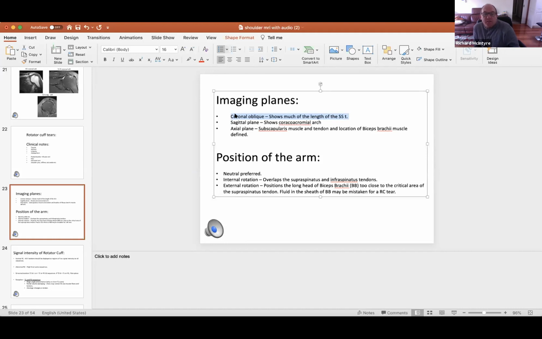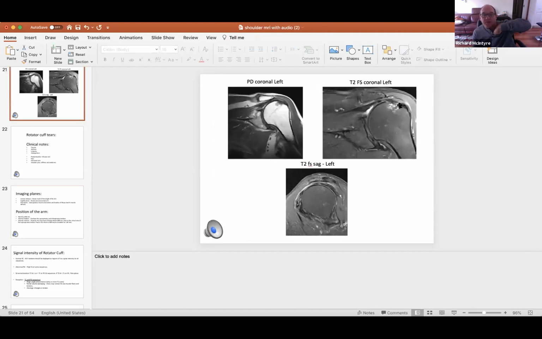Axial plane shows the subscapularis muscle and tendon and the location of the biceps brachii muscle. So the biceps brachii muscle attaches just to the greater tubercle of the humerus. Okay, and you can see there's interference there, subchondral changes where that biceps brachii muscle attaches.